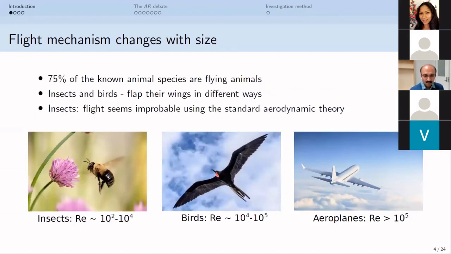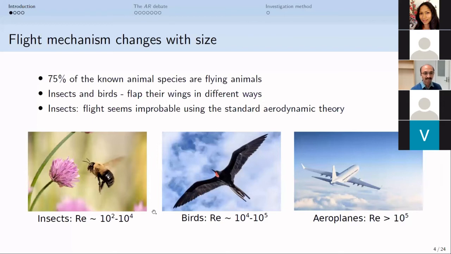Now talking about this topic, insect wing aerodynamics. Probably many of us may not know that flying is very common in nature, because nearly 75% of animal species are flying animals, including both insects and birds. They fly at different Reynolds numbers.